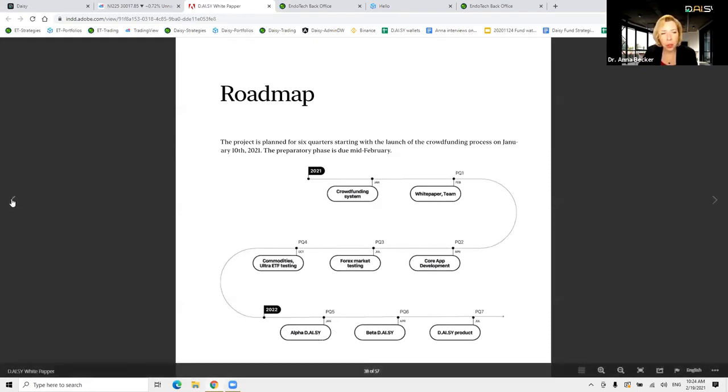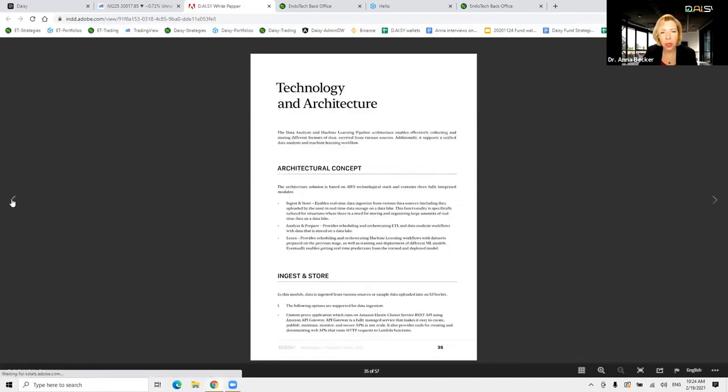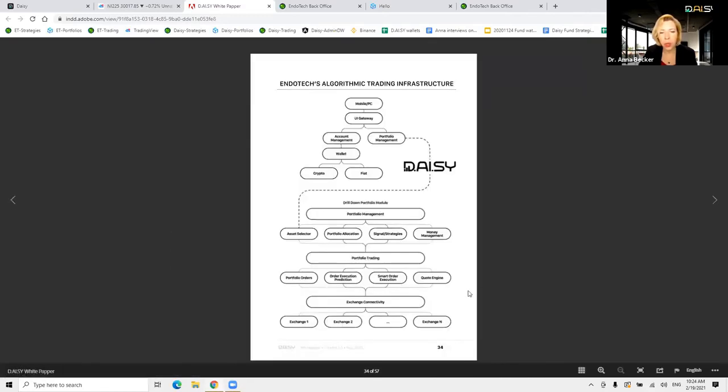To go backwards to show what's already done, so you will feel comfortable that, again, we are not dreamers. We are a company that has a lot of technology, a lot of AI already in use, and we're just moving forward to the next level. When we're talking about the full infrastructure that's already prepared, Daisy is a very important element that's supporting us in asset selection.